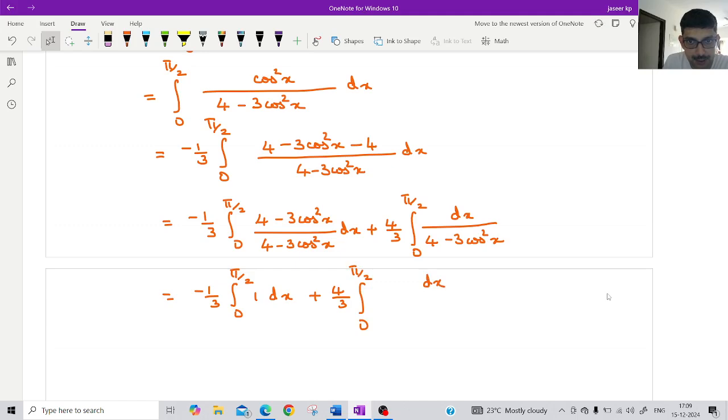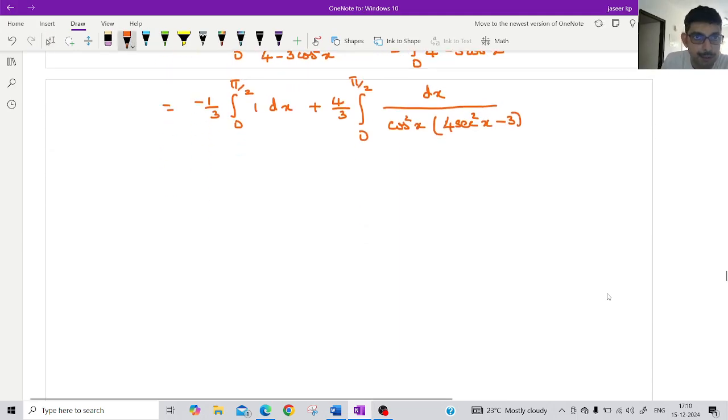Now cos square x is taken common here, so 4 cos square x is outside, so 4 by cos square x, that is 4 secant square x minus 3.